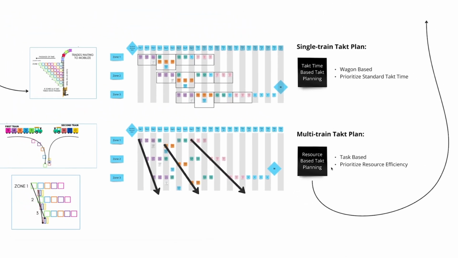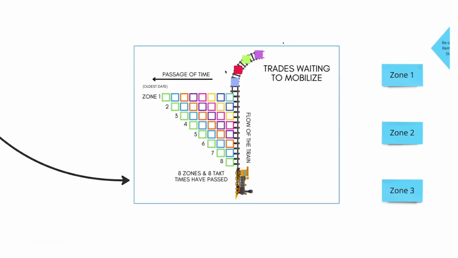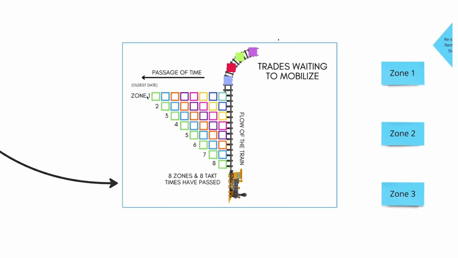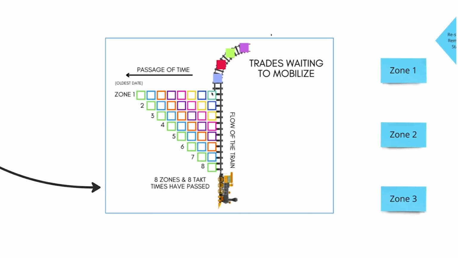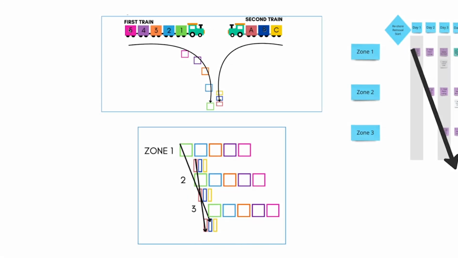So what this looks like here in this first scenario is that when you actually see a train of trades, that's what we call them, going through zones 1 through 8 here, all you're seeing in this takt plan, the beautifully cascaded takt plan, is a single train flowing in time. So as the passage of time goes by, you see the movement of the train. That's a little bit different from a multi-train takt plan.